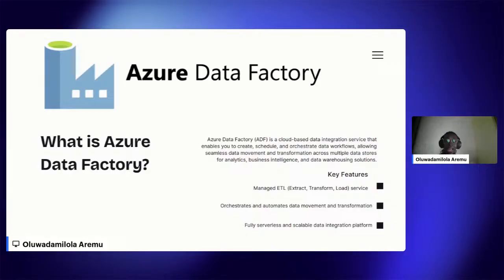So that's literally what happens in the ETL process. Also, it helps you to orchestrate and automate data movement and transformation. So something you would probably do manually before can now be done with Azure Data Factory, automated seamlessly, with no interference, and you can keep doing it continuously.